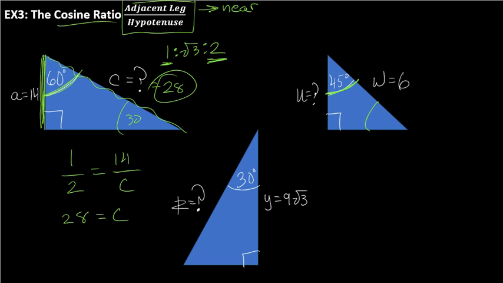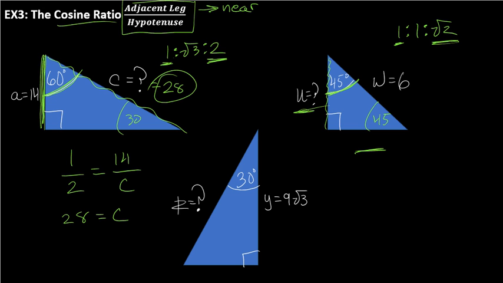Same thing over here, given a 45-degree angle. And this guy's 45, so that means this guy is 45. So this is a 1 to 1 to square root of 2. And we're looking at the adjacent leg to the hypotenuse. It doesn't matter which one we pick because it's a 1 to 1, right? So this U is going to be the same over here as well.